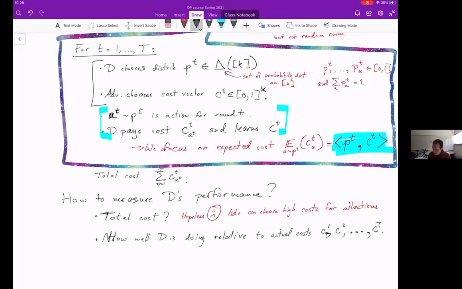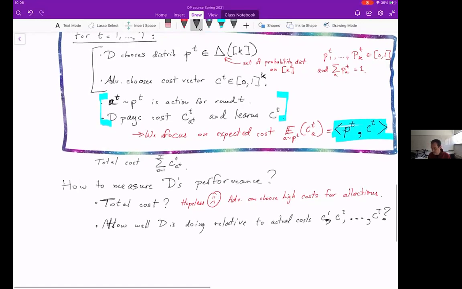Okay, so this is what we'd like to do. We'd like to measure how well the decision maker did, not on an absolute scale, but relative to the costs that the adversary actually chose. And even then, there's a question of what function of those costs is the benchmark? So each of these are cost vectors, right? Each of these is a vector of total costs.